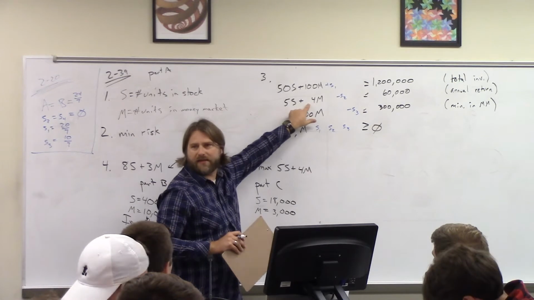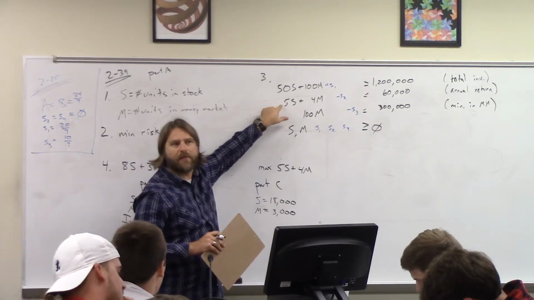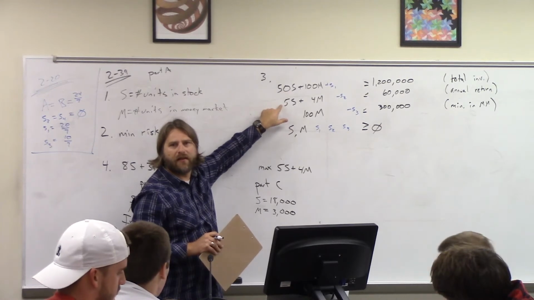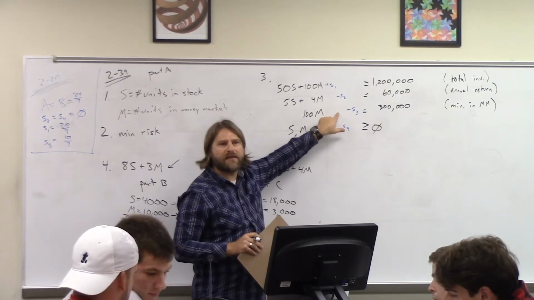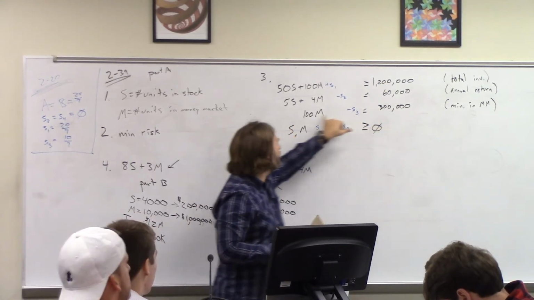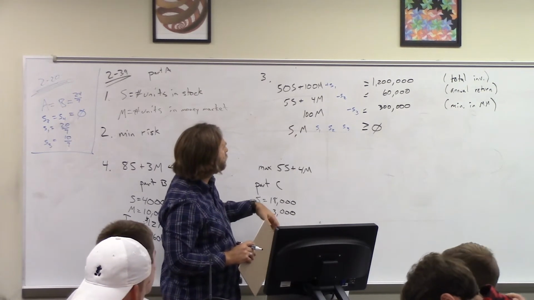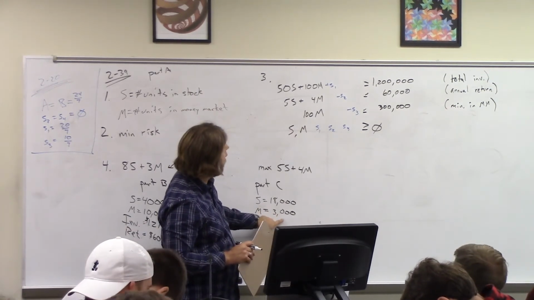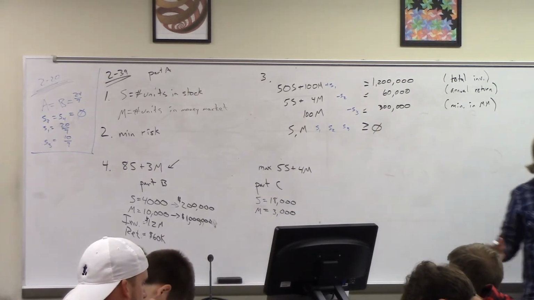So if we're trying to maximize that, we want to buy as much stock as we can. What's going to be the binding constraint? It's this minimum that we have to buy at least $300,000 in our money market. So 300,000 divided by 100, that's where we get 3,000 units. And then everything else is going to be in stock.